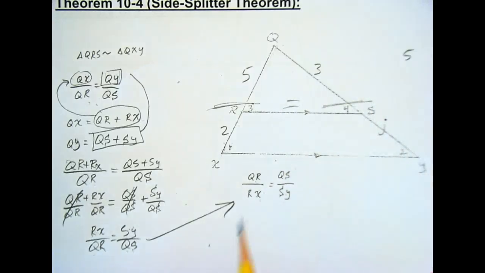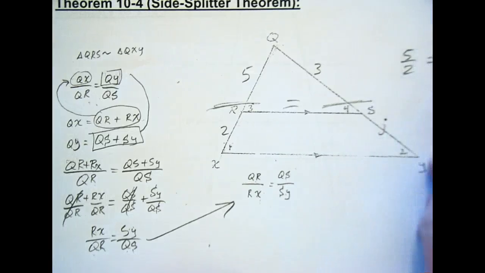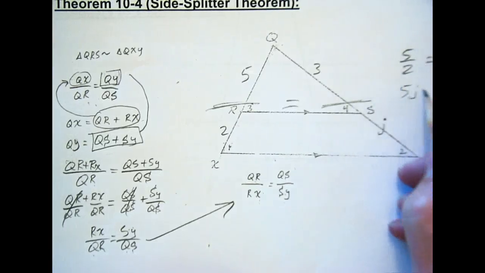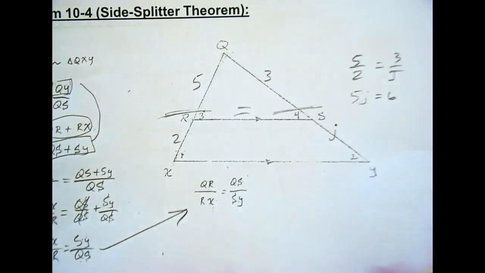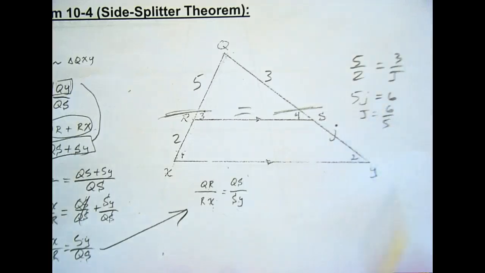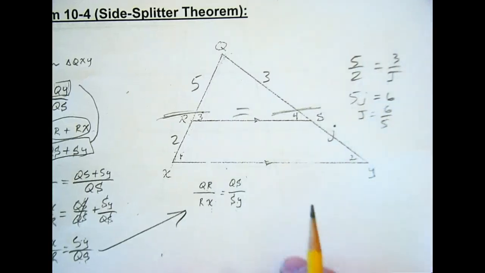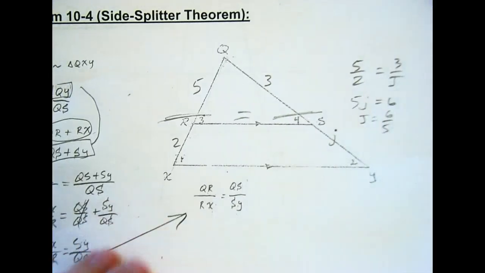Everyone see that? 5 over 2 equals 3 over J. So 5J equals 6. 5J equals 6, so 1J is 6/5. Pretty neato? All right, let's move on.